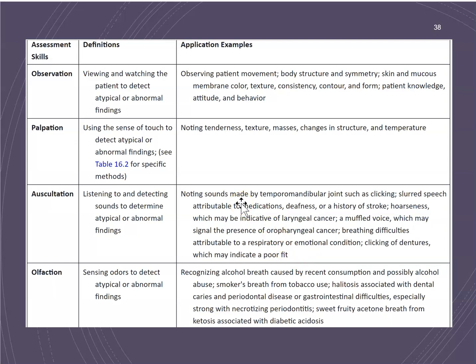Maybe they just drank alcohol or something, and their speech is very slurred. And olfaction is smelling, and so if you smell alcohol breath, smoker's breath, a fruity acetone breath, that's linked with diabetes. So sometimes smell. Even though we wear masks, sometimes we can still smell it. They also give us some information.